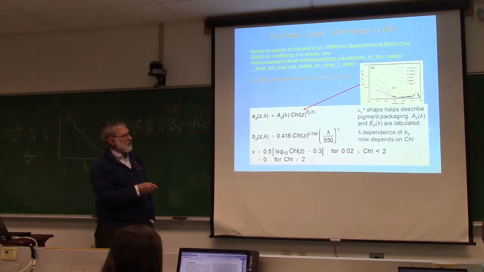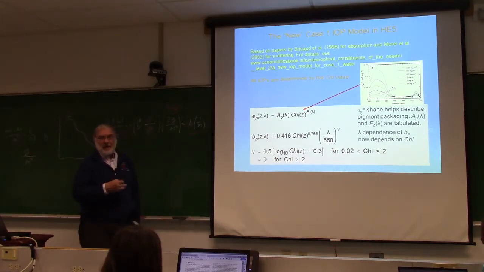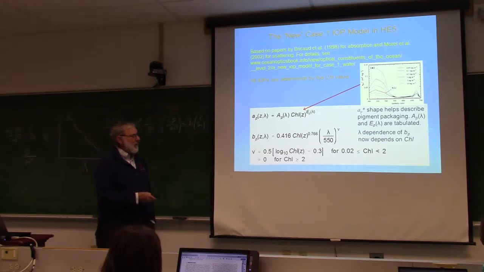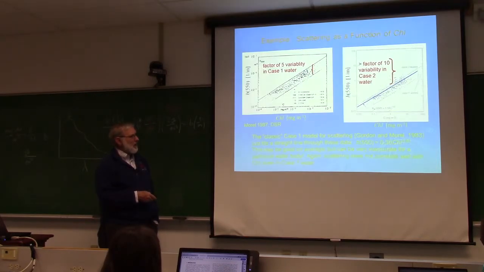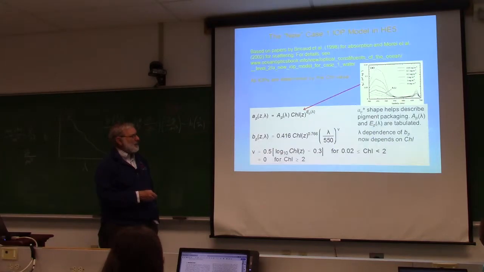So you get maybe this curve or that curve or that curve. So you're doing a better job of modeling absorption. And then likewise, Morel and company came up with better models for the scattering coefficient. They're still in terms of chlorophyll, but then they let this exponent, instead of being a -1 here, depend on the chlorophyll.